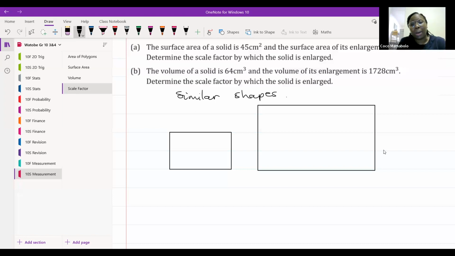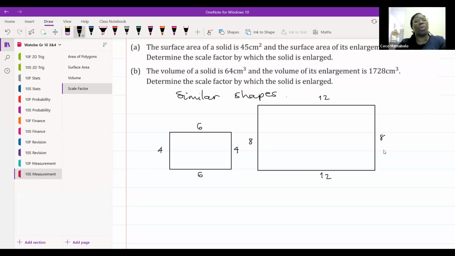Now, what do we know about each of the sides? If this side is 4 and this side is 4 and this side is 6 and this side is 6, over here I'm going to get 8, 8, 12, 12. What do we know about the sides of any similar shape? They are what? Correct.